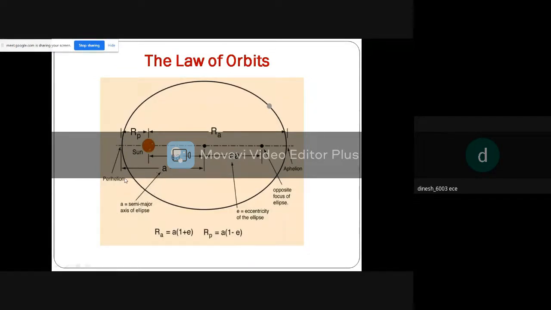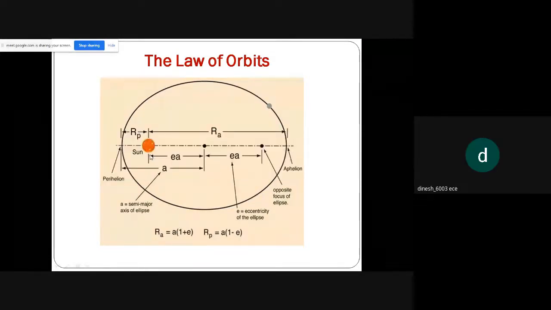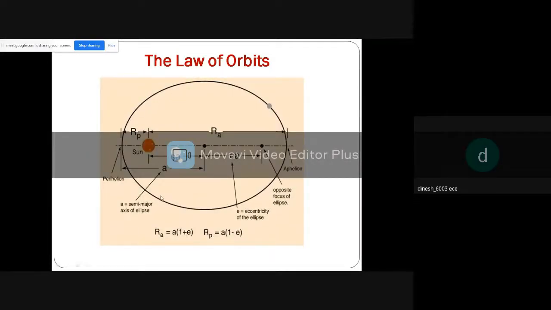If the sun is present in between this, keep in mind that the sun's revolution is different from the satellite or planet's revolution. The planets will revolve around the sun in this elliptical fashion.